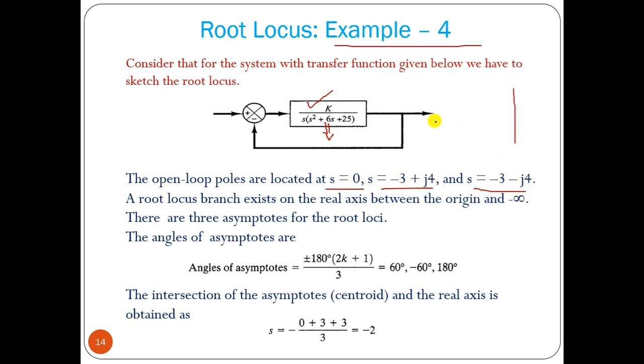So we have a pole at 0, and -3 plus minus j4, and this is your point -3. If you write the real axis segment, we can see this entire location is the real axis segment, because on its right hand side we have one real pole you have to consider.